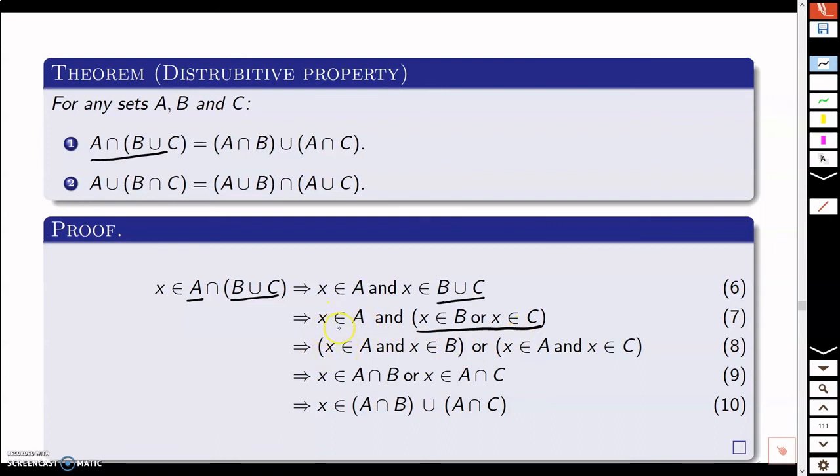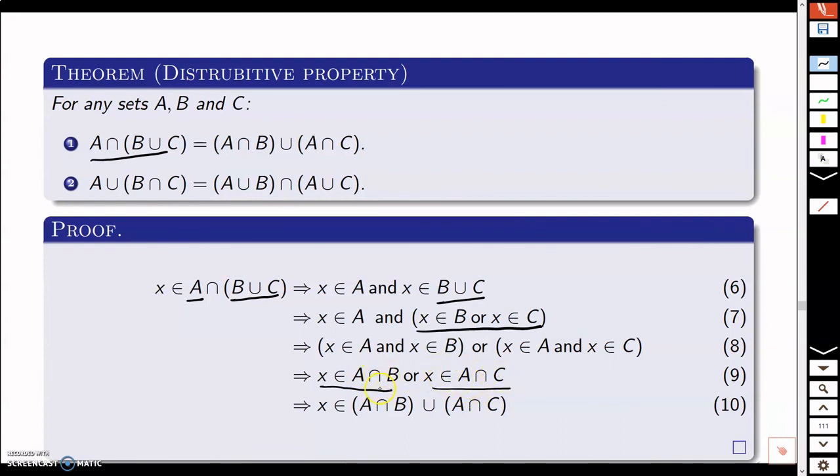So this implies X is there in A and X is there in B, or X is there in A and X is there in C. Now if X is there in A and X is there in B, that means X is there in the intersection. So X is there in A intersection B, or X is there in the intersection of A and C. So X is there in this or X is there in this. That means X is there in the union of either this set or this set.